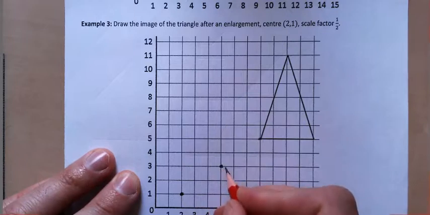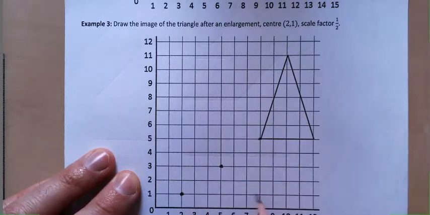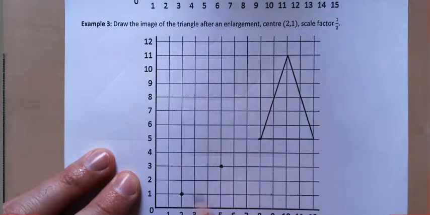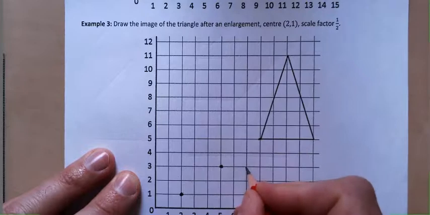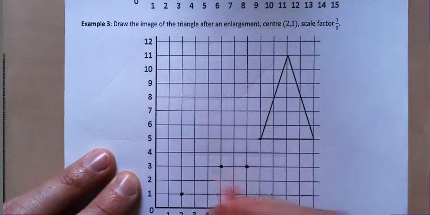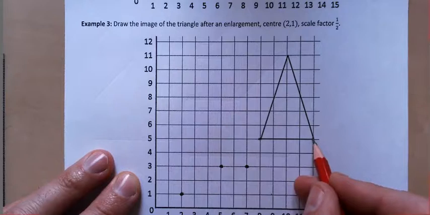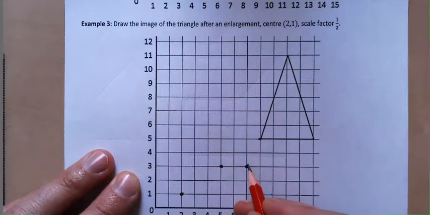up. Okay, what's this one? 1, 2, 3, 4, 5, 6, 7, 8, 9, 10 across and 4 up. So instead I'm going to go 5 across and 2 up. Incidentally, you can do wee cheats every once in a while. If it's scale factor of half, instead of this being 4 along, it's going to be 2 along, and so that's then worked out.